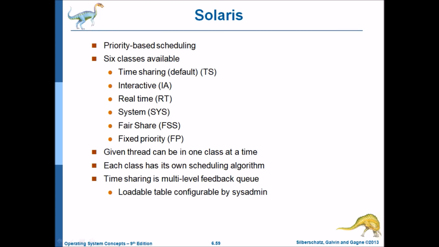Each class has its own scheduling algorithm. Process priorities and time slicing are adjusted dynamically in a multilevel feedback priority queue system. The loadable table is configurable by the system administrator.